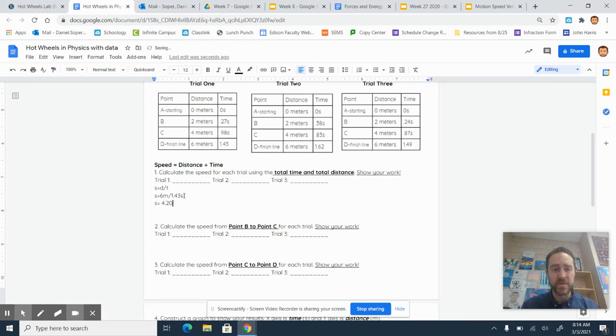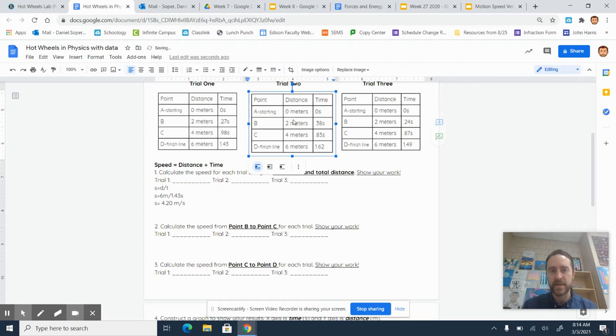I'm going to round that to 4.20 meters per second. So that's the first one done for you. Please remember to use units. For trial 2, you'll do the second table, and for trial 3, you'll do the third table.